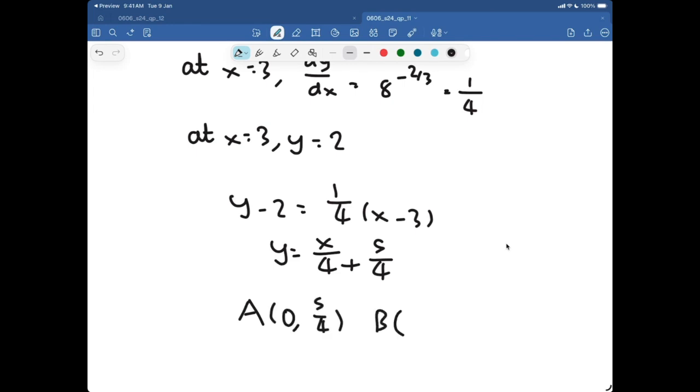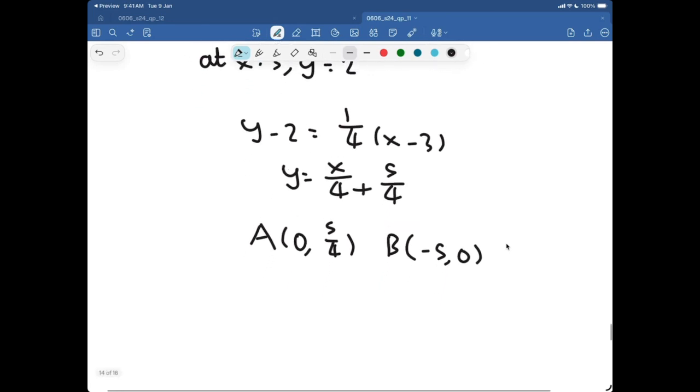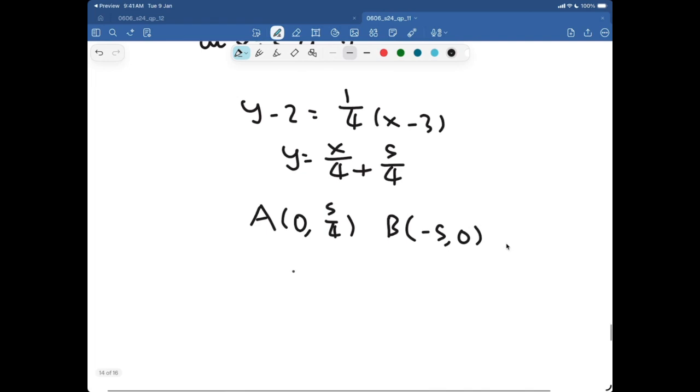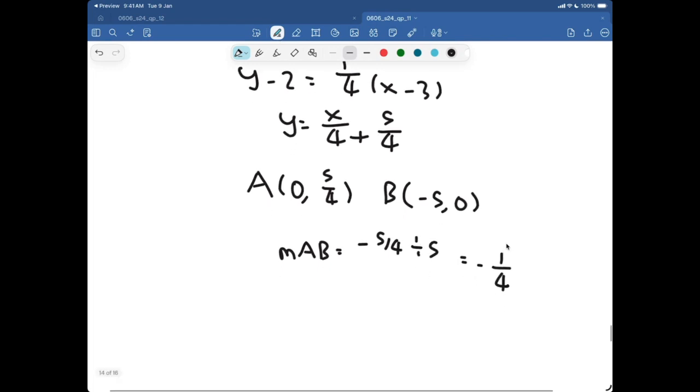And B can be found by solving x over 4 plus 5 over 4 equals 0, so it's (negative 5, 0). If we're trying to calculate the perpendicular bisector of AB, you should first know the slope of AB, which is negative 5 over 4 divided by 5, which is negative 1 over 4.